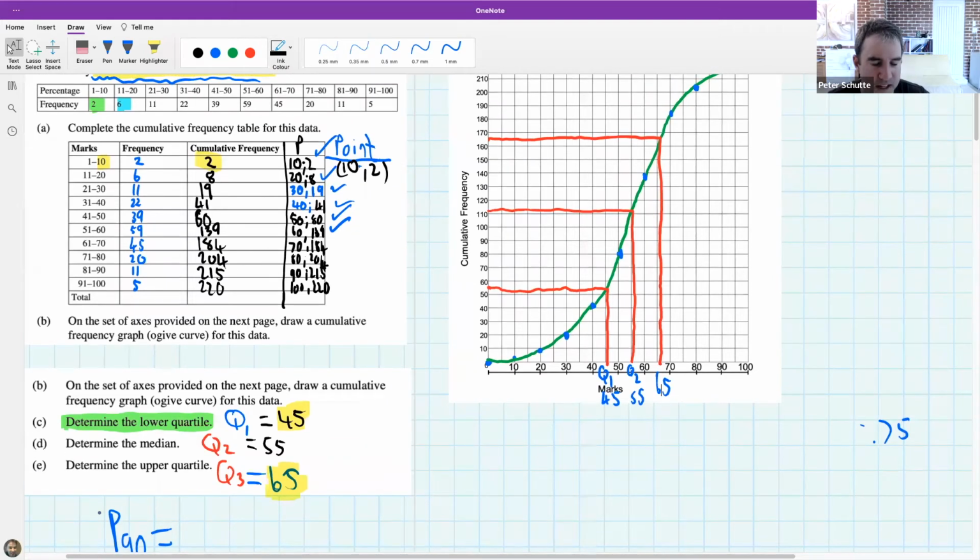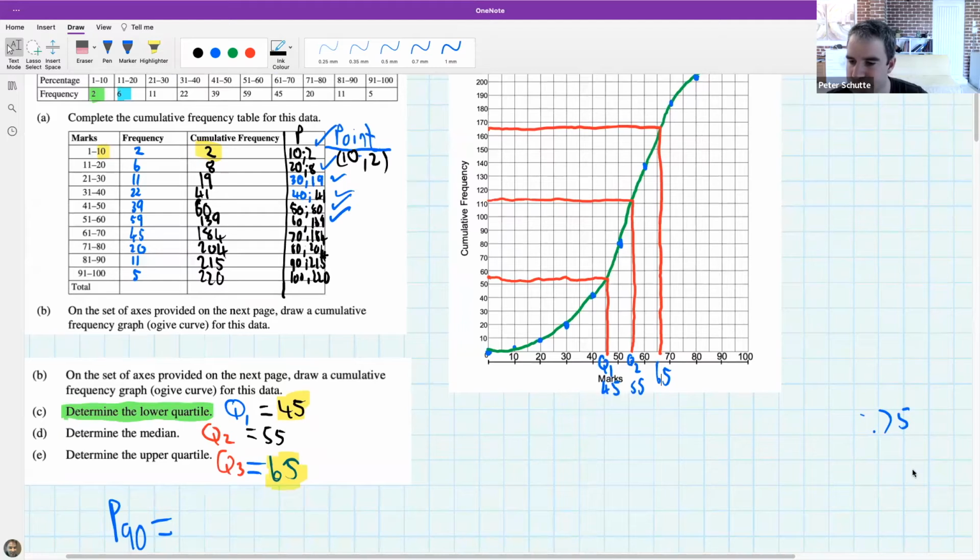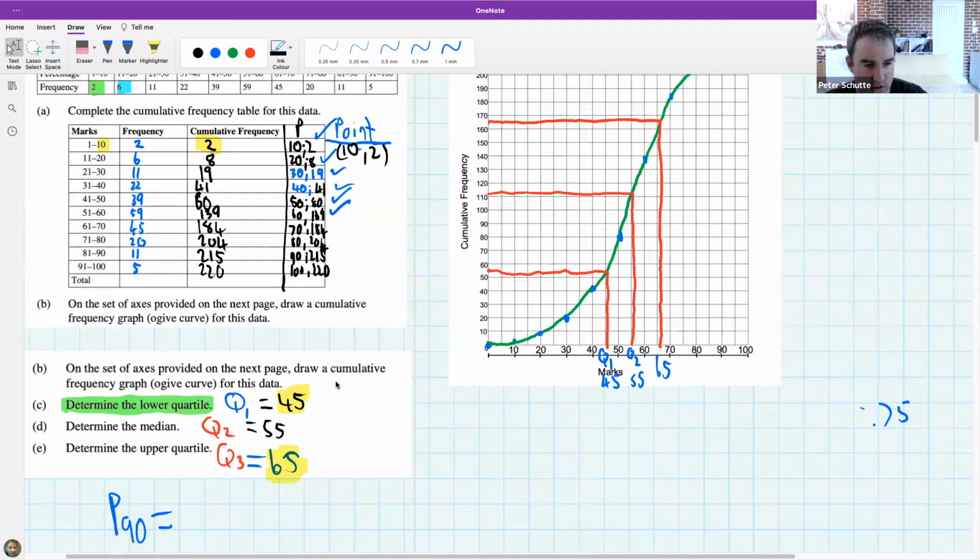When I ask you for P90, what is P90? Nicely done, Faith. I see your interquartile range there. So P90 is the 90th percentile. It's 90% of the way through the data.